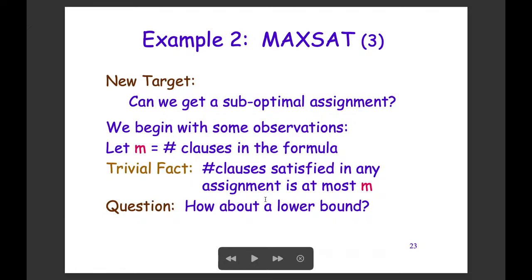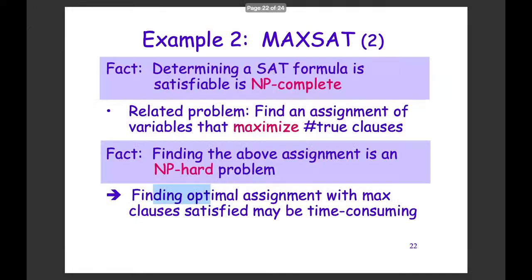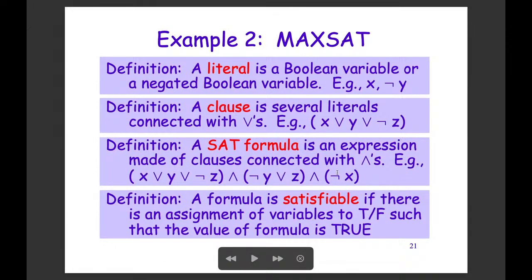But then how about the lower bound? So here we get a lower bound. It says that suppose we let k denote the number of literals in the smallest clause, so the shortest clause. For instance, there's 1 literal here, there are 2 literals here, there are 3 literals here. So this is the shortest one, so it has just 1 literal.